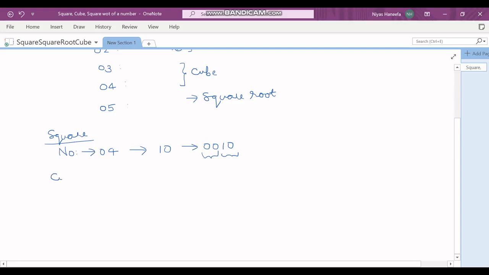Now for the cube, the result is going to be 4 into 4 into 4, which will be equal to 64. That corresponds to 40 in hexadecimal. So you will save it as 0040. This is the lower, this is the higher. Again, what you will do is this process 4 into 4, which will be equal to 16 times. You will use the mul instruction here, and you will find the count.